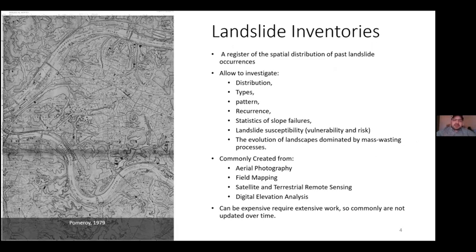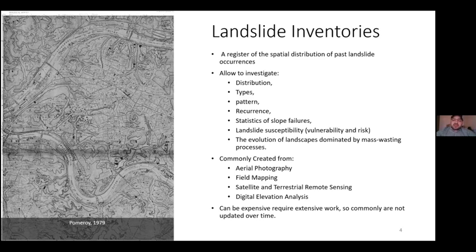Now a little bit about landslide inventories and why they're so important. Again, landslide inventories are a register of the spatial distribution of where past landslides have occurred. They're crucial for many things, including learning more about the distribution of landslides in an area, the types of landslides, the patterns, and recurrence. They're key in getting statistics of slope failure, and as I said, they're crucial in building these landslide susceptibility models.